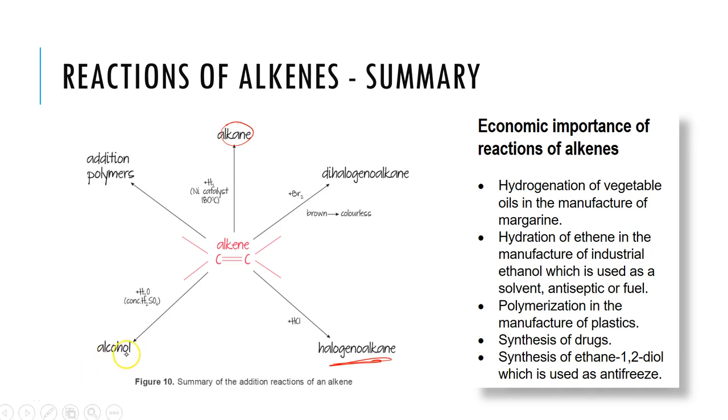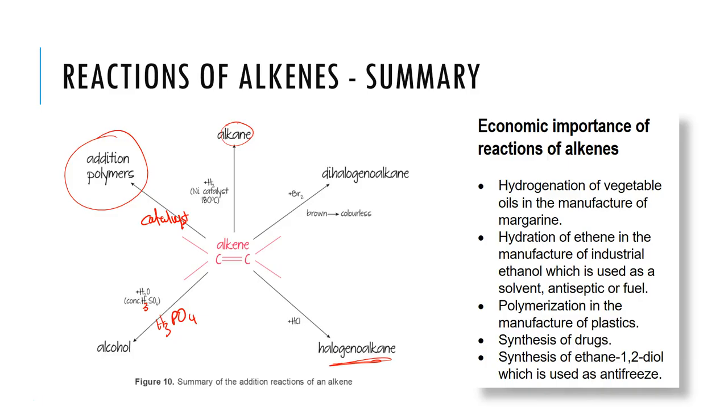We can form the alcohol by reacting with water, and it can be with concentrated sulfuric acid, but more commonly it's the H3PO4, which is our solid phosphoric acid catalyst. And we've also talked about polymers, where we have to have a catalyst and the nature of the polymer will change. The nature will be determined by our monomer.